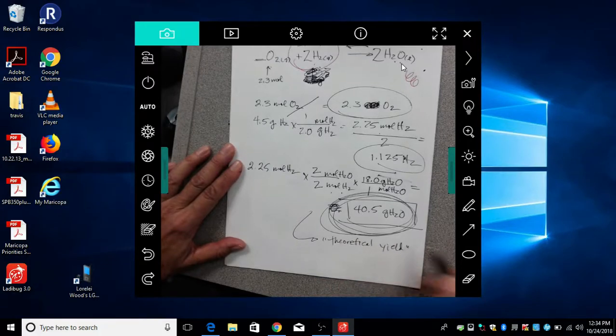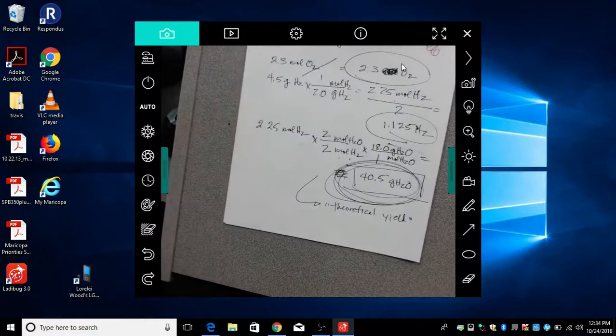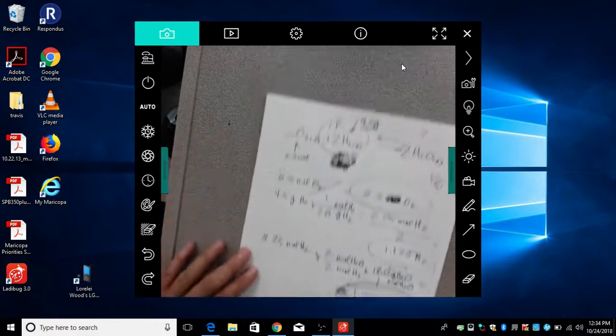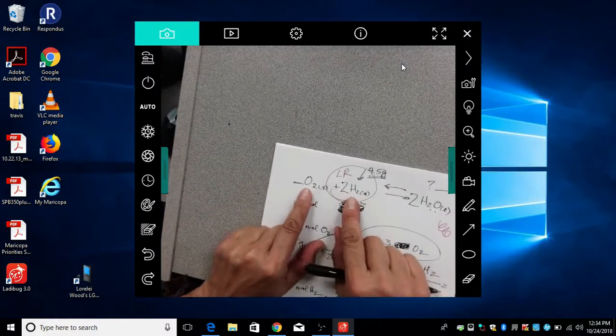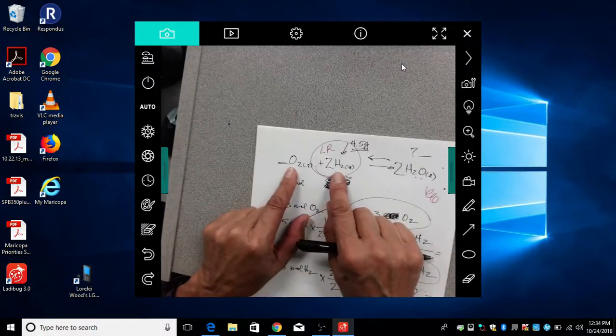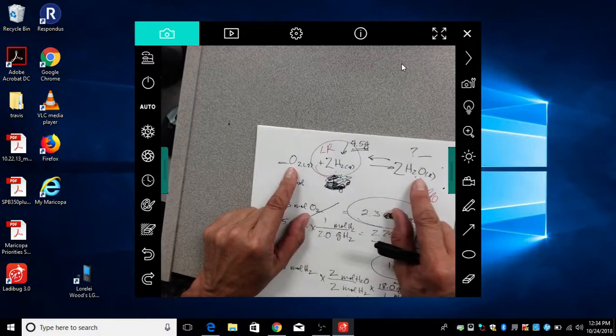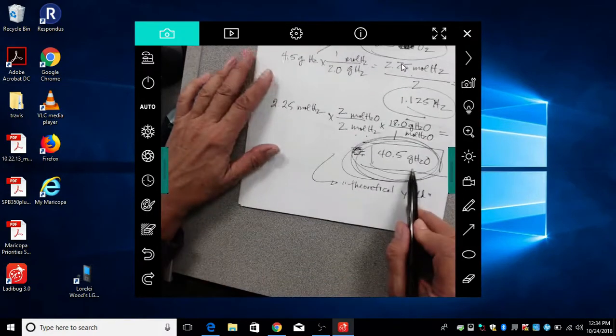The theoretical yield means that in a perfect world where I had a reaction vessel, that I could ensure that every molecule of O2 I had in that reaction vessel would collide at the exact speed and the exact orientation it needed with each H2 to produce the maximum amount of water, then that would be how much I could make in a perfect world.